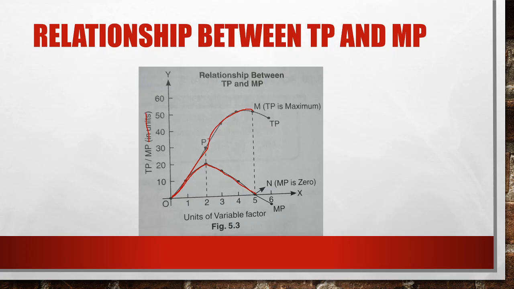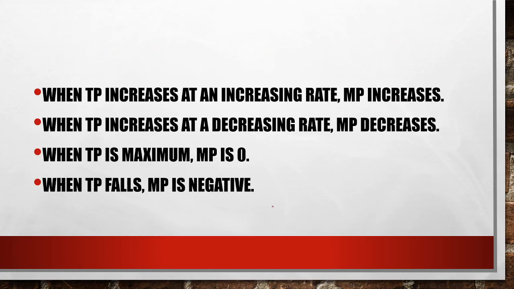The third observation is: when TP is at its maximum, MP is 0. The fourth point is: when TP falls, marginal product becomes negative. So this is the relationship between TP and MP.